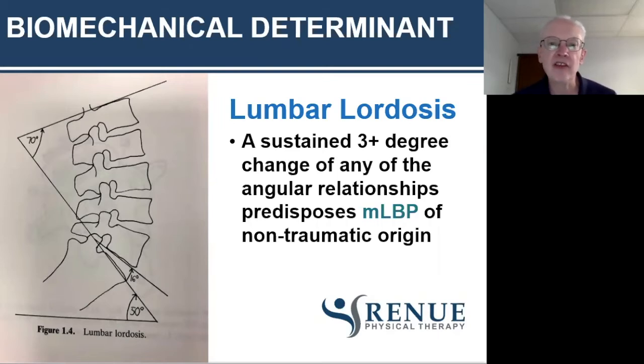But if any of these angles are changed through movement or trauma or poor posture or some prolonged situation where your lumbar lordosis is not in its normal biomechanical relationship, you're going to set the stage for mechanical low back pain.